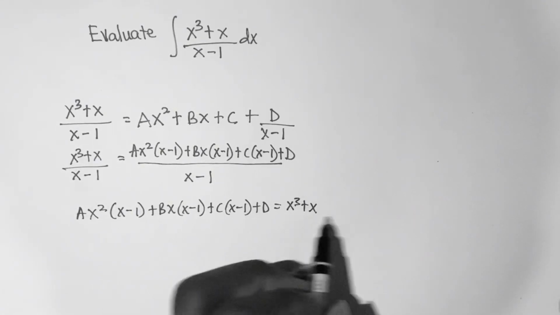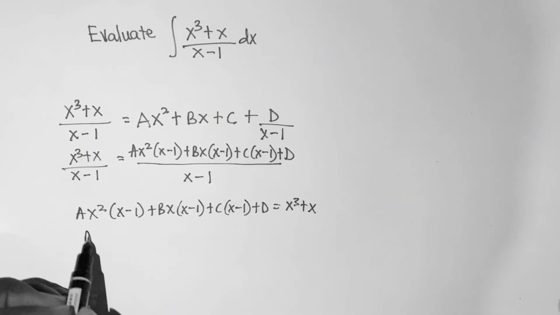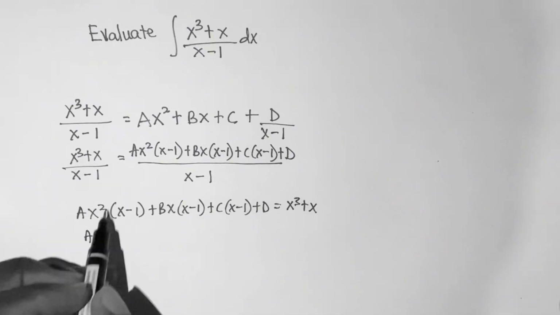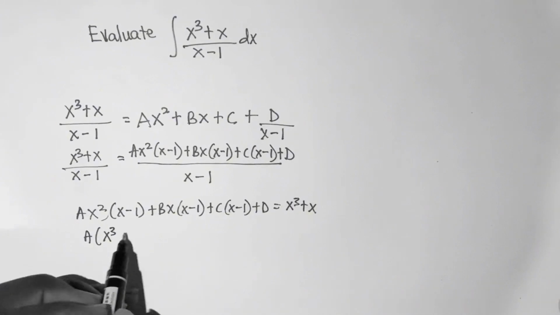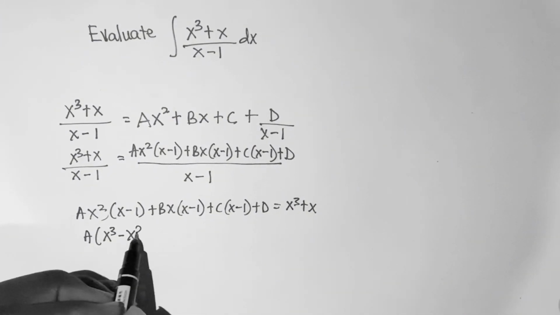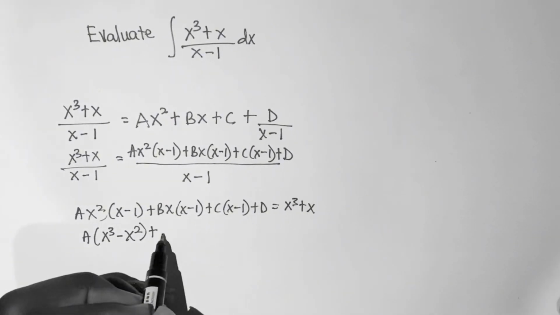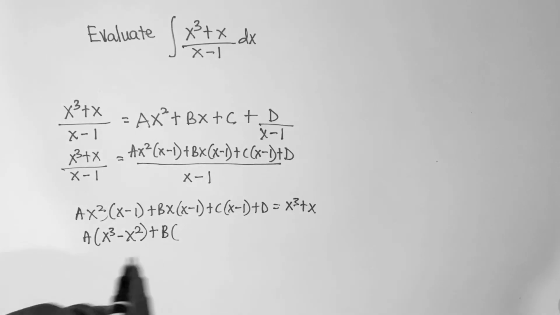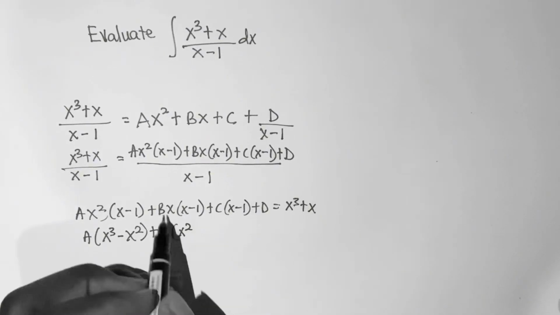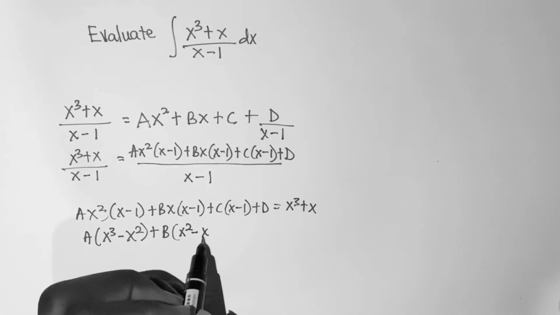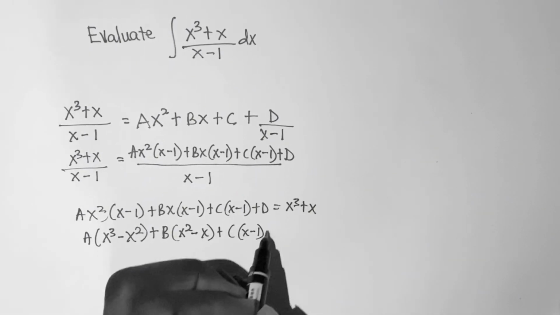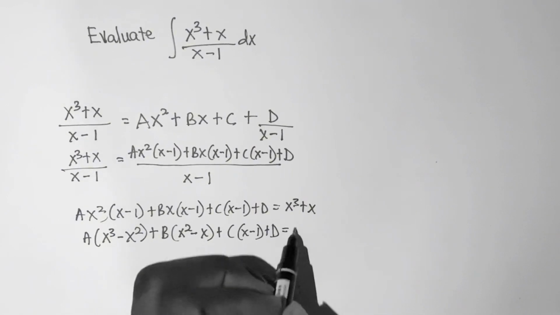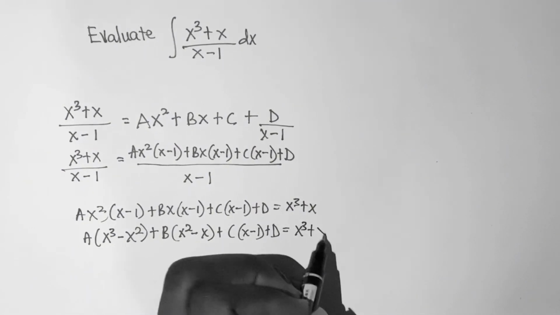The next thing is to rewrite this as a times x squared times x is x cubed, then x squared times minus 1 is minus x squared, then plus b, x times x is x squared, then x times minus 1 is minus x, then plus c times x minus 1 plus d equals x cubed plus x.